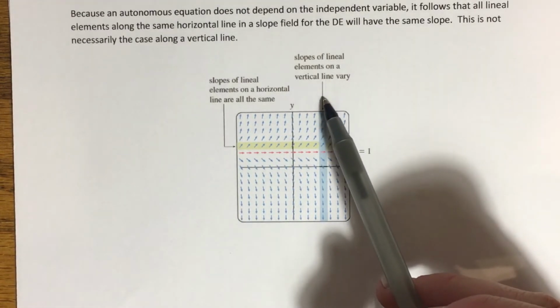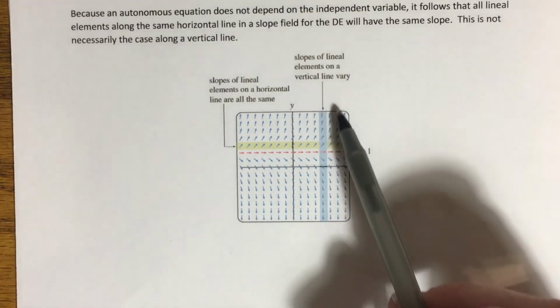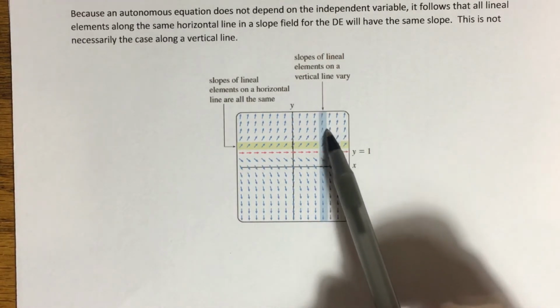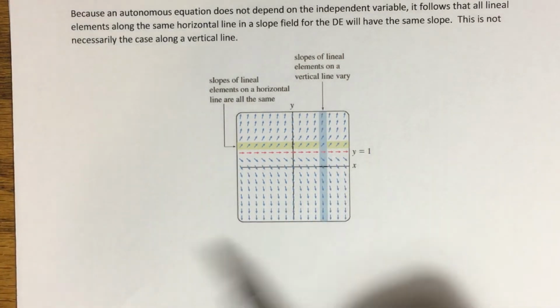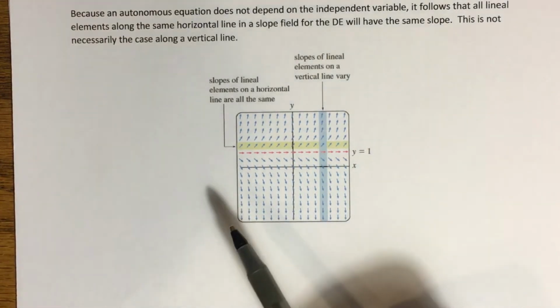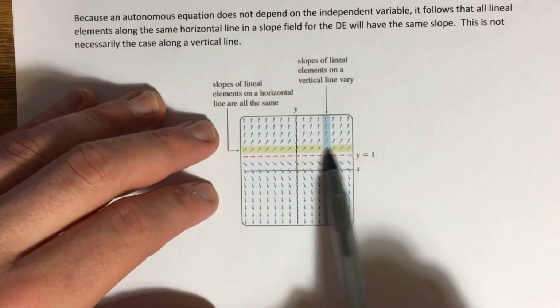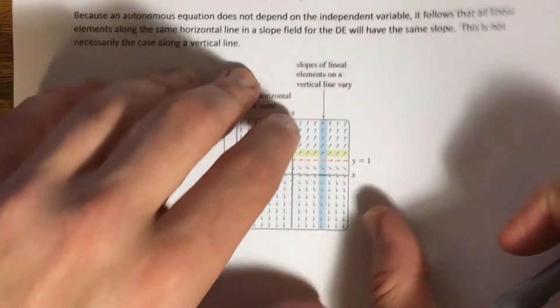Now, the slopes along a vertical line can vary, because slopes along a vertical line have the same x coordinate but different y coordinates. And so in those cases, you would be plugging different numbers into your DE to evaluate those slopes. But that horizontal line there, that's an important thing to notice about autonomous equations.